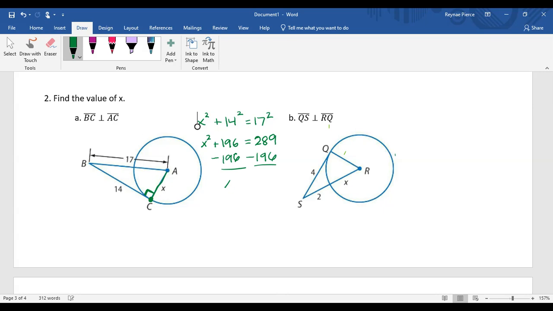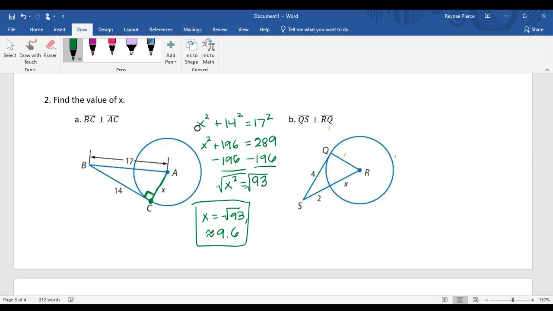When we subtract from both sides, our x value squared is 93. So we can say that x is the square root of 93, or about 9.6.